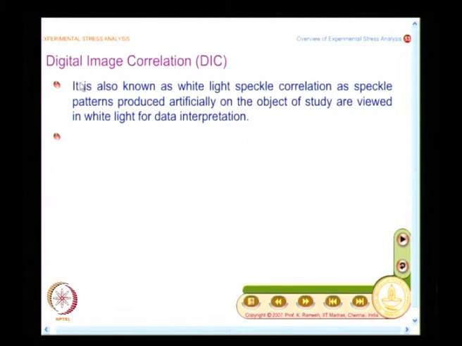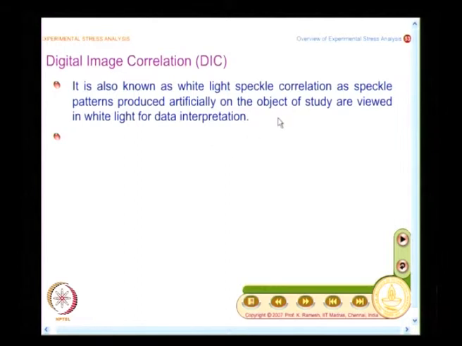Here you have the speckles done arbitrarily, externally on the specimen under consideration; it is done artificially, and you use white light for data interpretation.